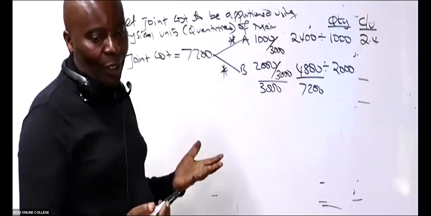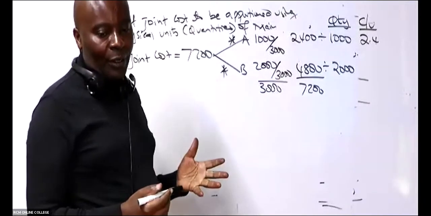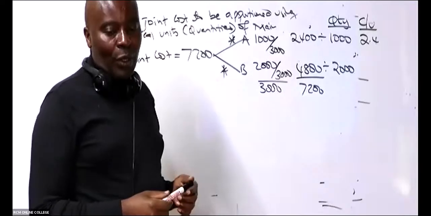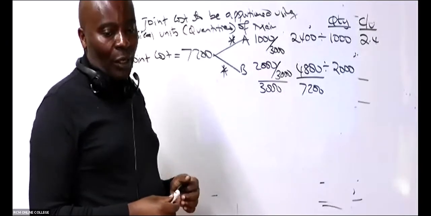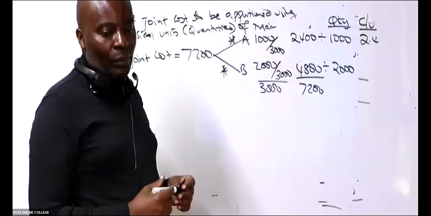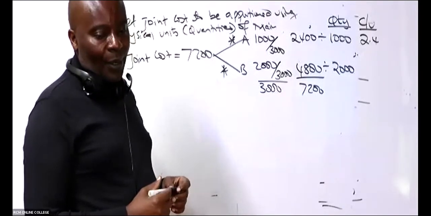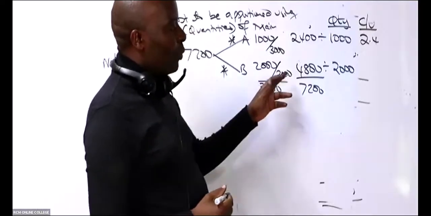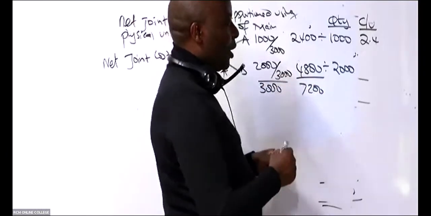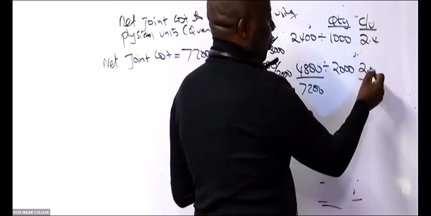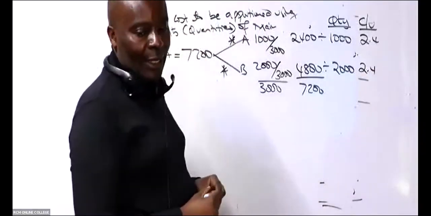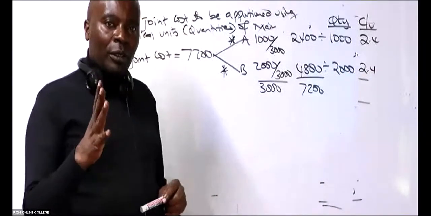You guys have started slowing down. So 2.4, right? And then of course the other one, the cost per unit, will be 4,800 divided by 2,000, which will as well give me 2.4. That is a disadvantage of physical units.